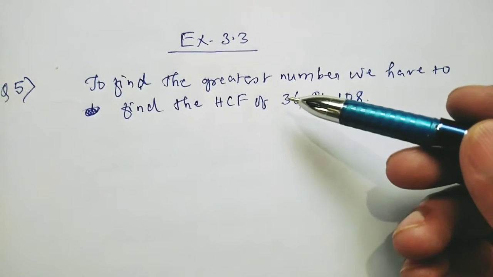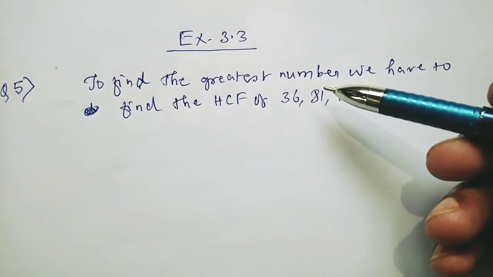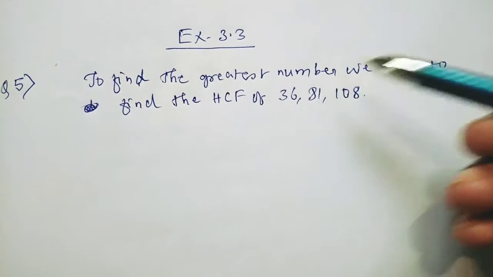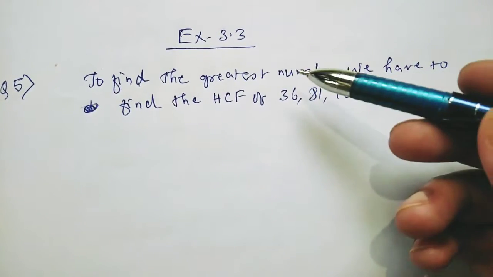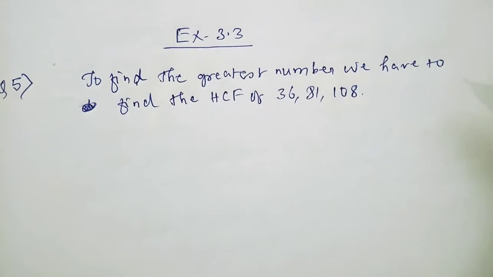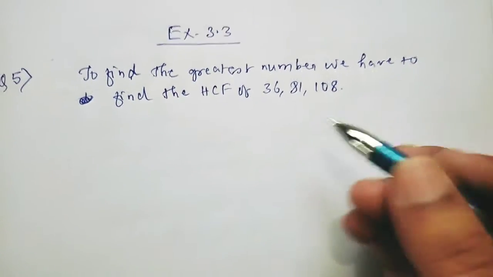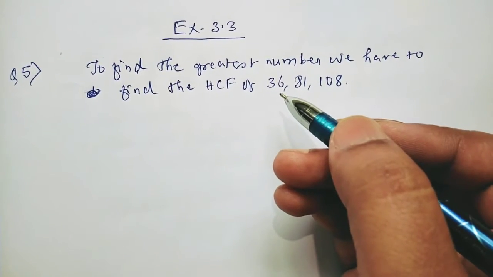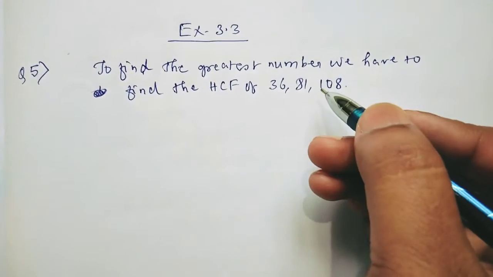What method we choose depends on you, because the answer will be the same whatever method you choose. Here I will do by the long division method, because I feel it is very easy.